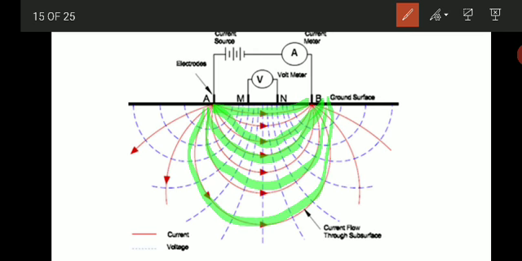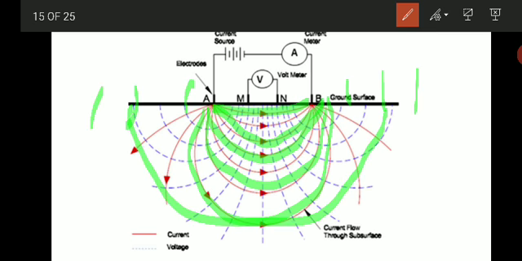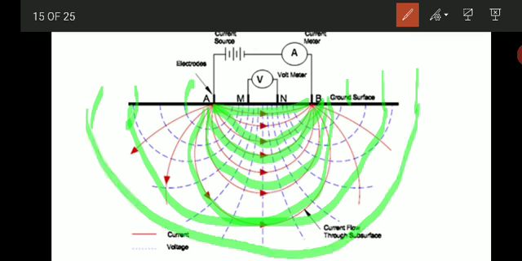In the figure the spacing is shown constant, but you can change the position of the electrodes so that the current will go deeper and deeper. That is the logic behind sending the current.